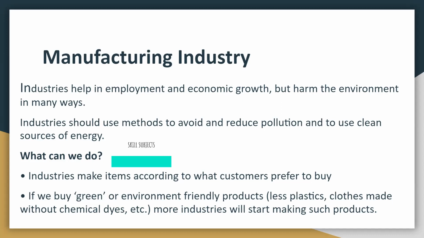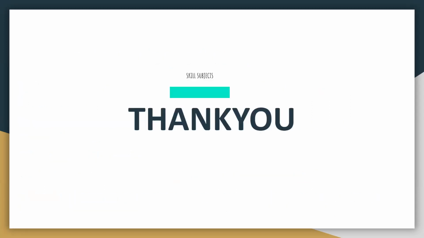But because we're buying plastics, there are many industries developing plastics because we are not giving much importance to natural dyes. And so most of the brands use chemical dyes, which are not good for the environment.